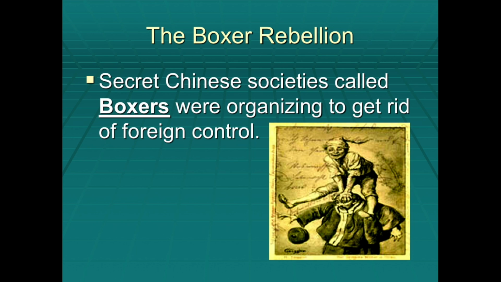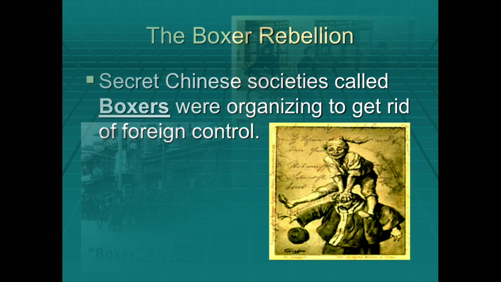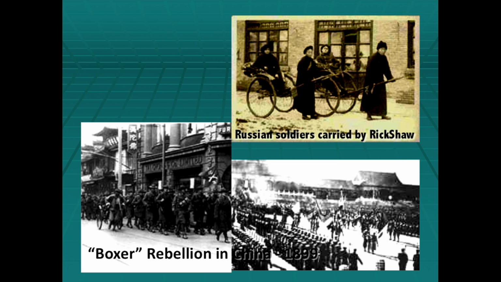And they organized to get rid of foreign control. So they had the Boxer Rebellion in 1899. And here's a depiction of a Russian soldier carried by rickshaw. So their influence from occupying spheres of influence from different areas.